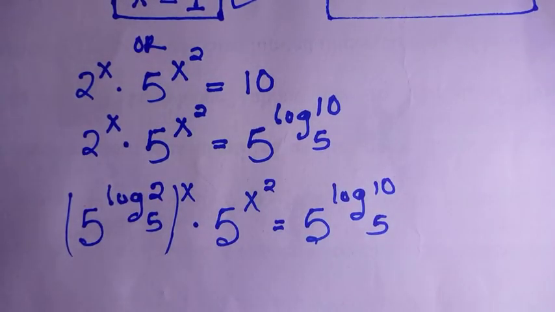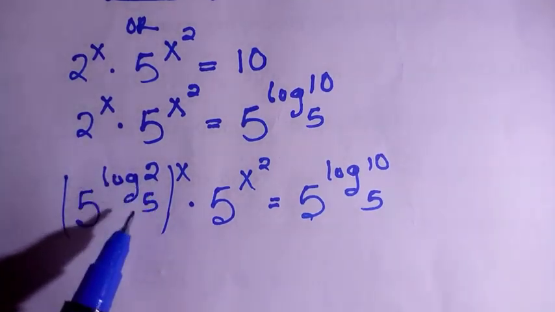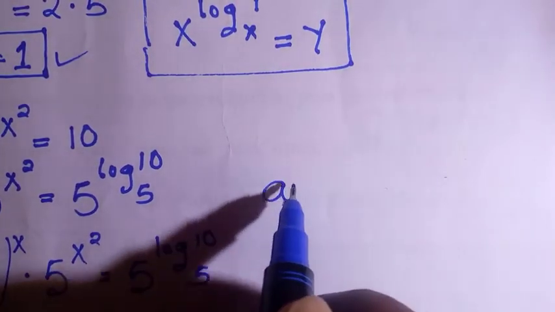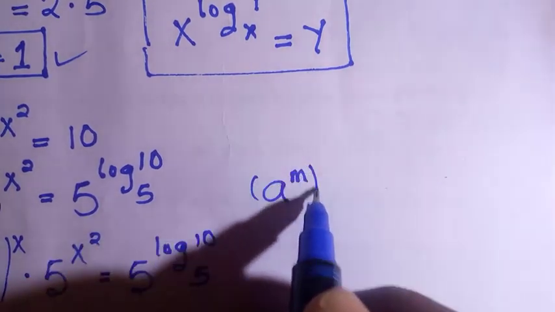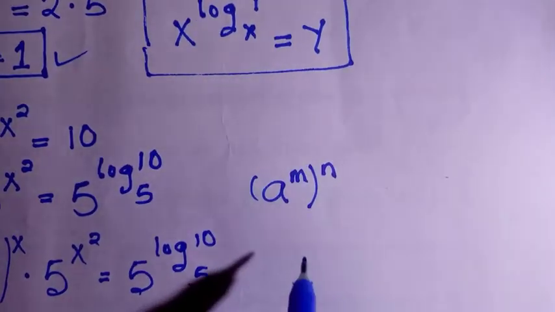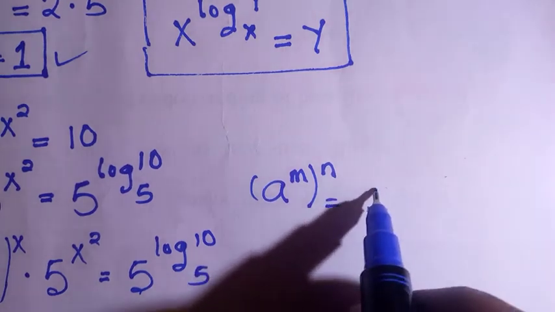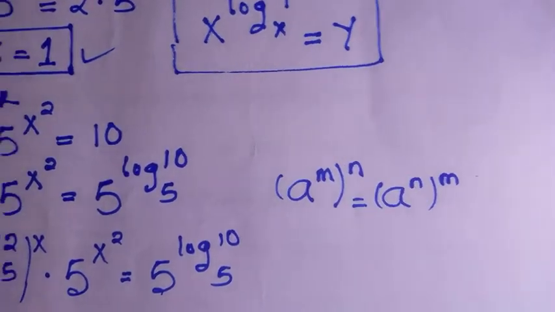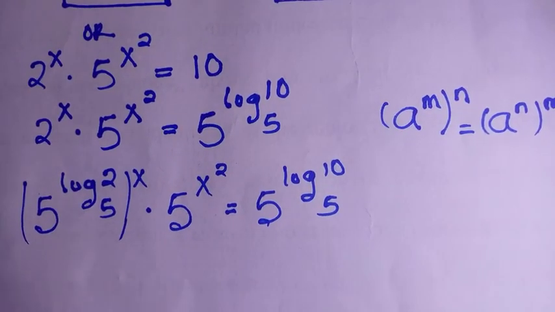For the first one, I apply the rules of indices again: a raised to the power n, all raised to the power of m, equals a raised to the power of nm.